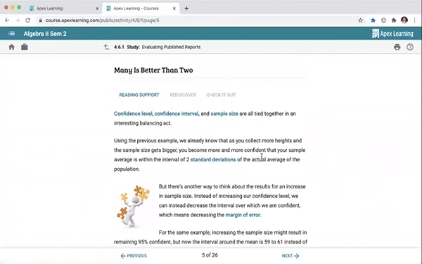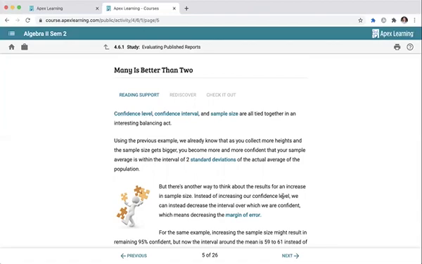And of course, we know that many samples is better than just the 2 people, because we're trying to connect our confidence level, confidence interval, and our sample size. The more people we get in our sample, the more likely we're going to be within that 2 standard deviations, within our confidence interval, and we increase the amount of confidence that we have in our results.